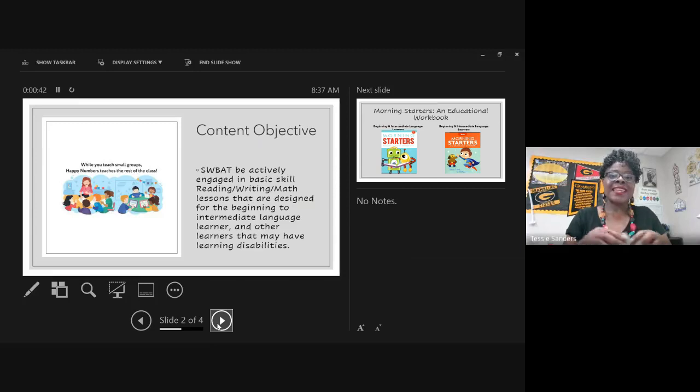Our goal in accelerated instruction is to actively engage the learner, whether it is the primary learner, that intermediate or advanced beginning language learner, or the adult ESL learner, to understand the basic components of following instructions and learning how to speak, listen, read, and write in English.